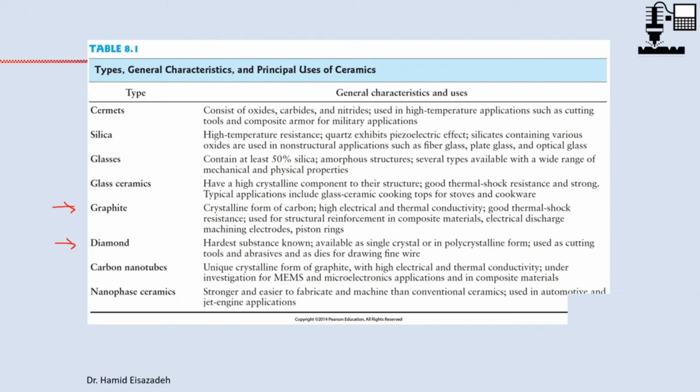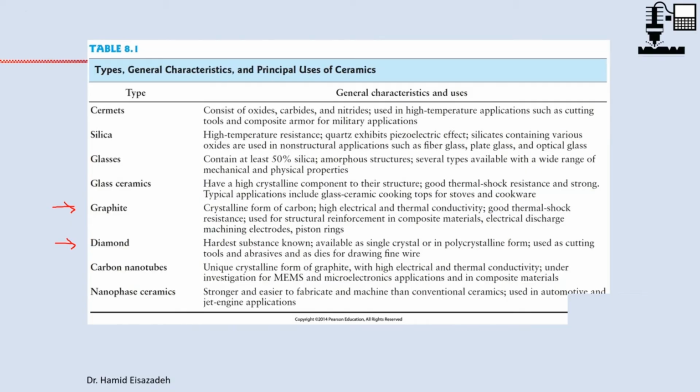It's available in single crystal and polycrystal form, and they are used as a cutting tool and abrasive, in dies, and for drawing fine wire. Graphite is a crystal form of carbon, and it has high electrical and thermal conductivity. It can be used for good thermal shock resistance.